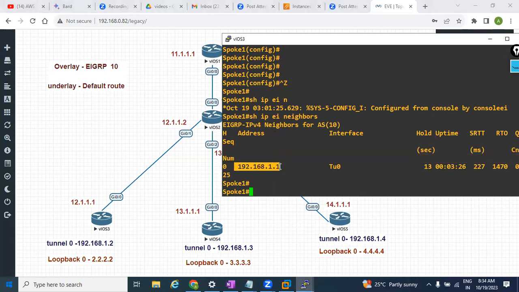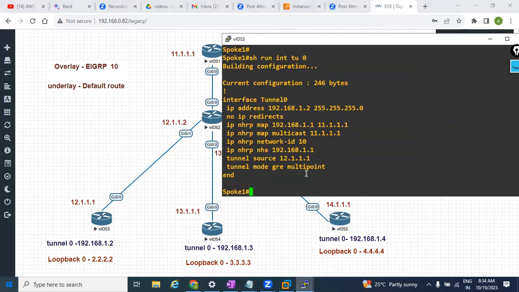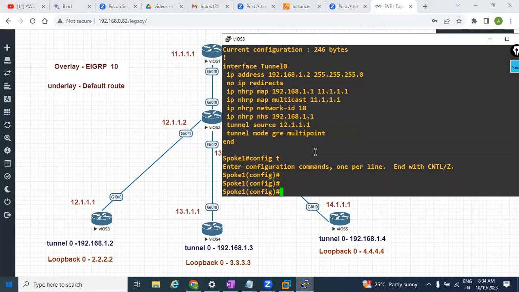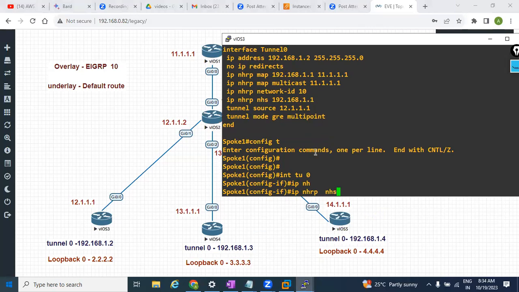So now what I have to do is define it here. Show run interface tunnel 0. Who is my NHS? 192.168.1.1 is the only NHS here, and we need one more NHS. Interface tunnel 0, IP NHRP NHS.